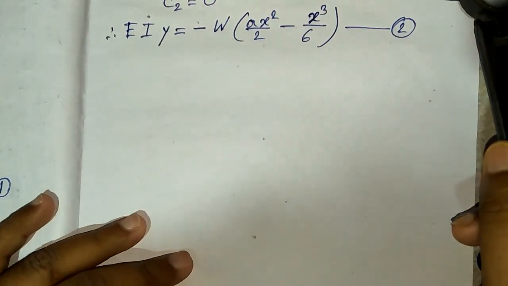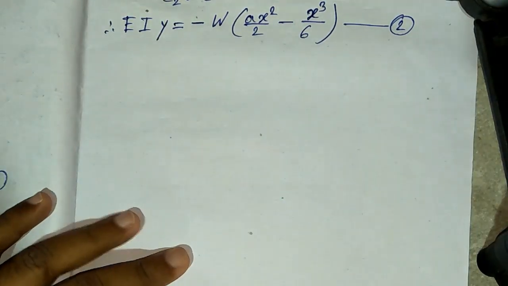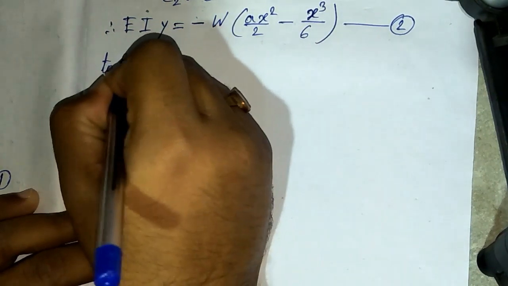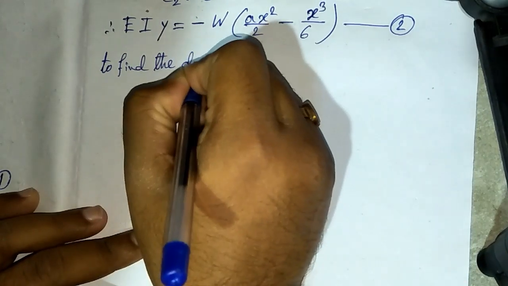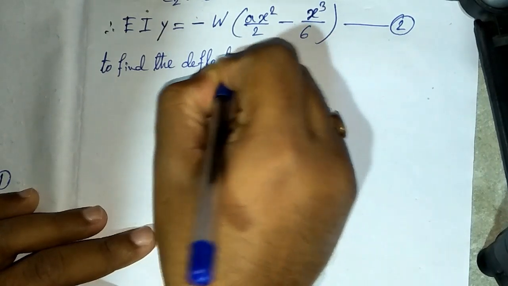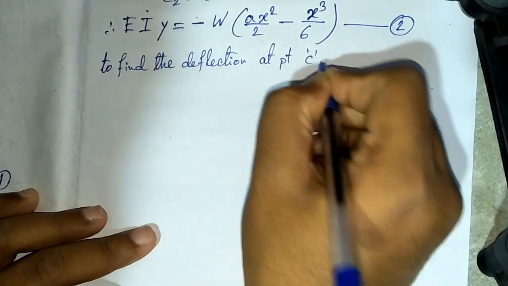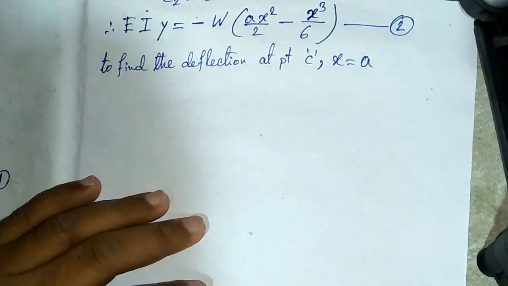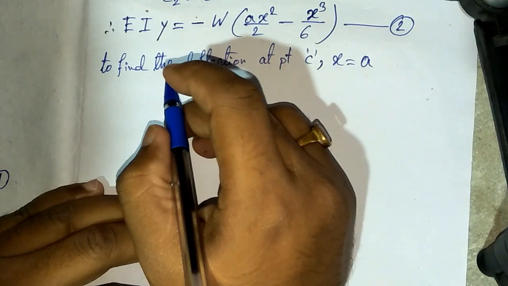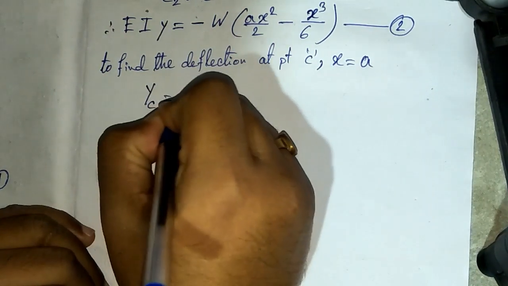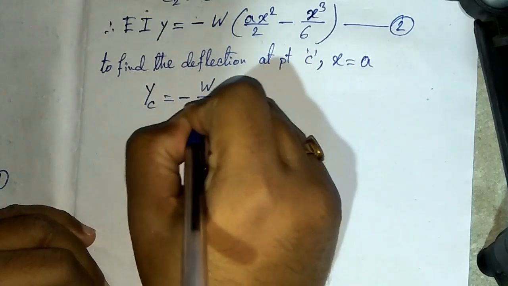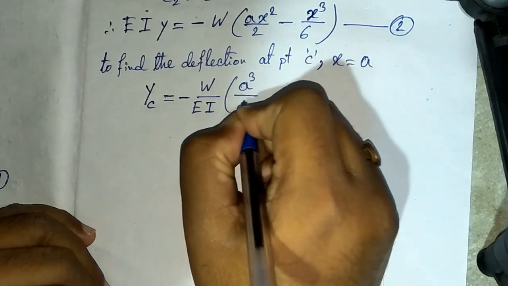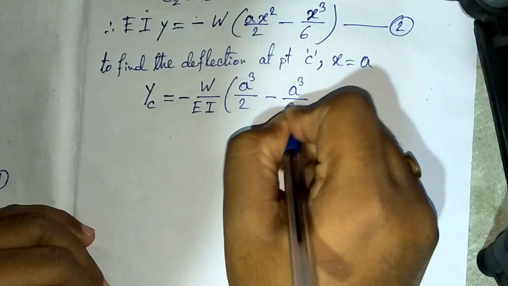Now the deflection at point C. To find the deflection at point C, we put x equals A. So by applying this condition, we can write Y suffix C is equal to minus W by EI into A cube by 2 minus A cube by 6.